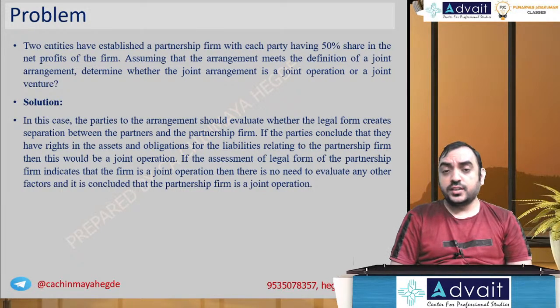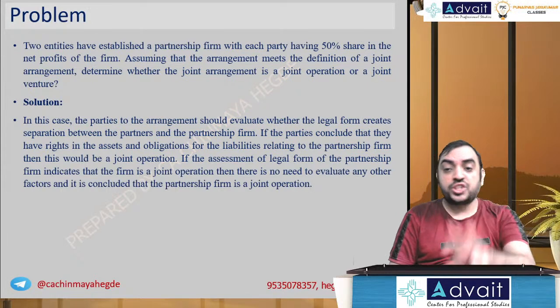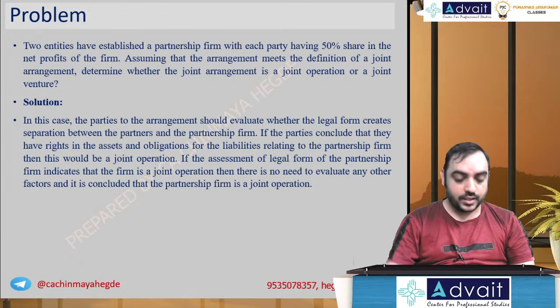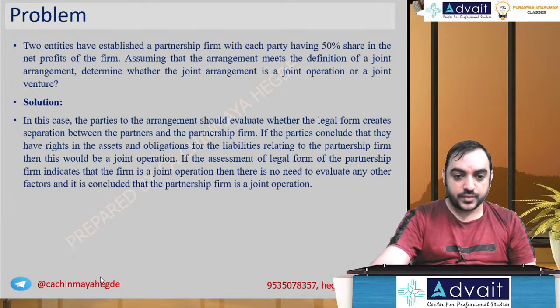So you should look at the purpose for which the partnership firm was formed, the legal form of it, what are the rights and liabilities of the firm, are the assets and liabilities collectively owned or individually owned, are the rights and obligations defined separately, how the outputs of the organization are going to be distributed, points like that. If I have to give you a chart quickly, I'll show you what you should look at.